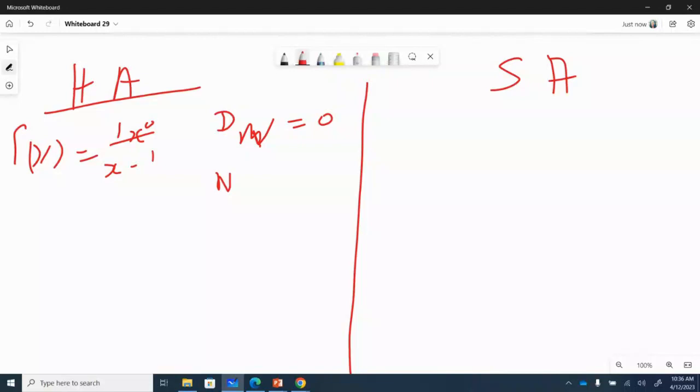The degree of the denominator is 1, x to the power 1, right? So the degree of the numerator is smaller by 1. Another way of saying it: the degree of the denominator is 1 greater than the degree of the numerator. Therefore, there is a horizontal asymptote.